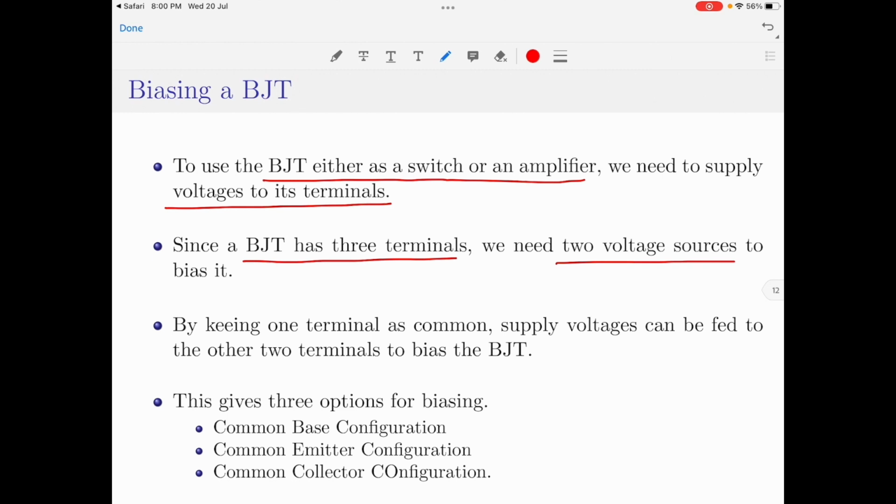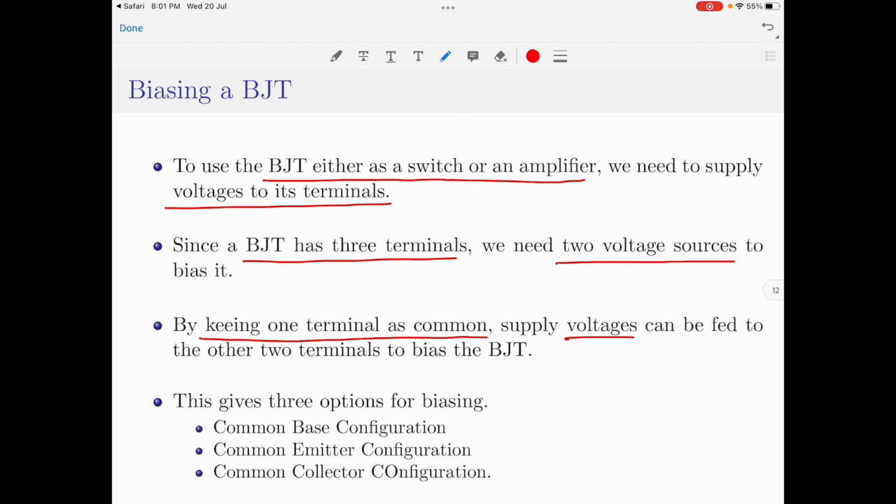So, you may now ask the question, how to provide two voltage sources to three terminals? This is done by keeping one of the terminals as a common terminal and applying voltages to the other two terminals to bias the BJT. Now, since there are three terminals, we will have three options for biasing a BJT.